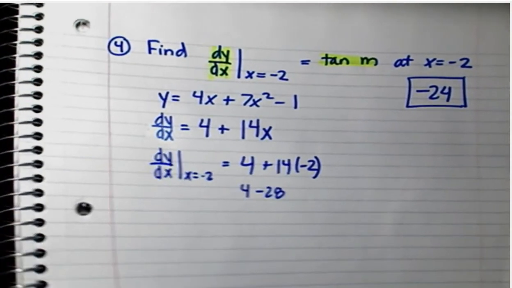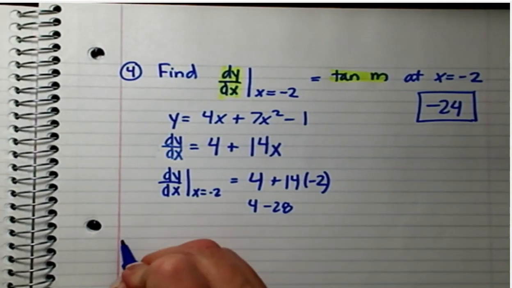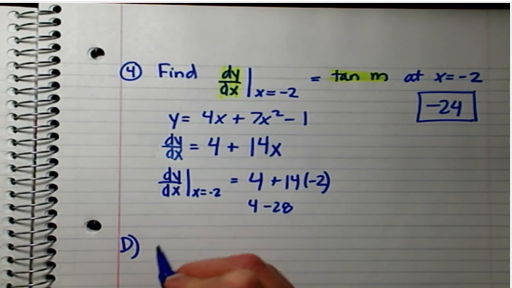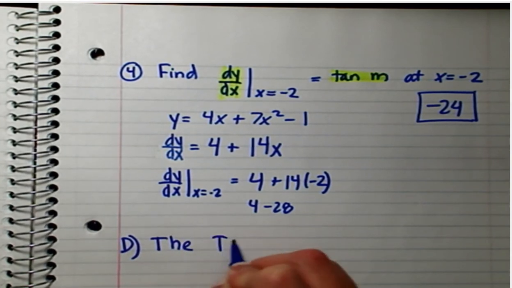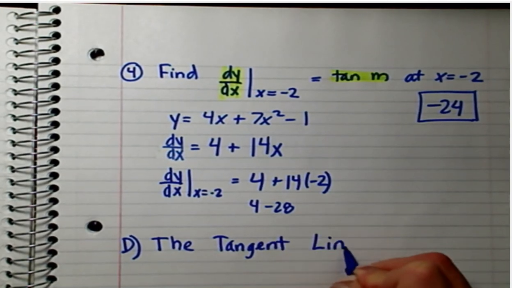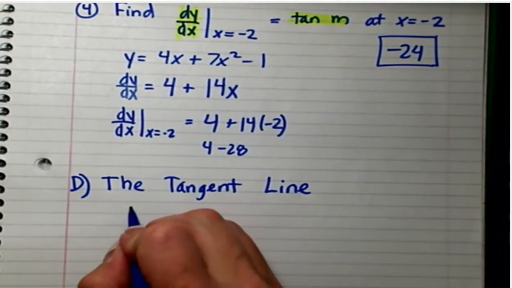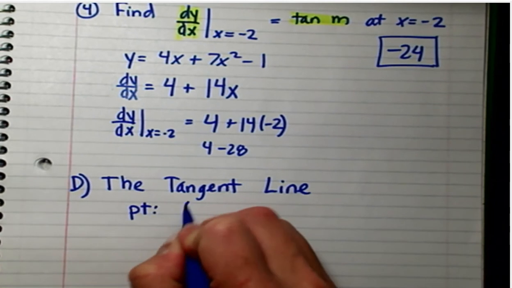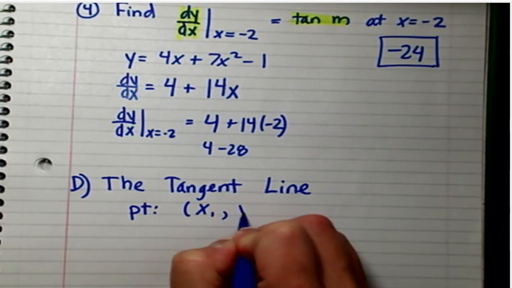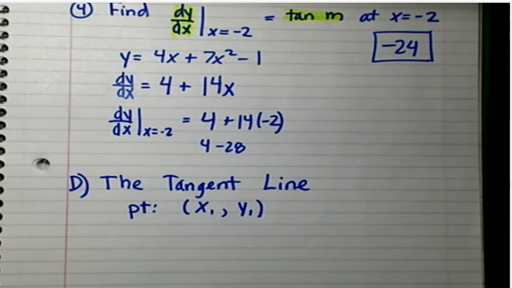All right. You're so close. The tangent line. Okay. Tangent line. You need a point. I'm writing really fast. I'm going to slow down.